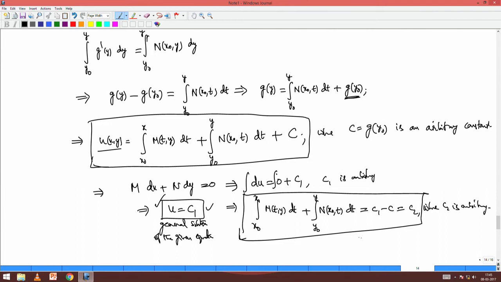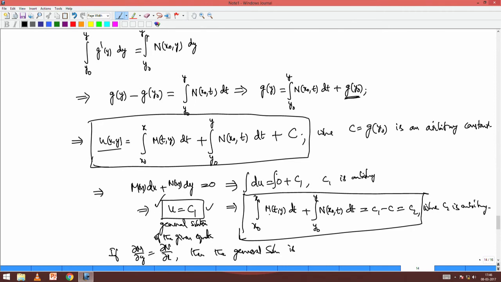So, if you look at this form, this is the equation m of x y dx plus n of x y dy equal to 0. So, what you are doing is finally whenever dou m by dou y equal to dou n by dou x, that condition is satisfied, then the general solution is this. How we get it, you can see this m, you are keeping y as it is, you are integrating only with respect to x.